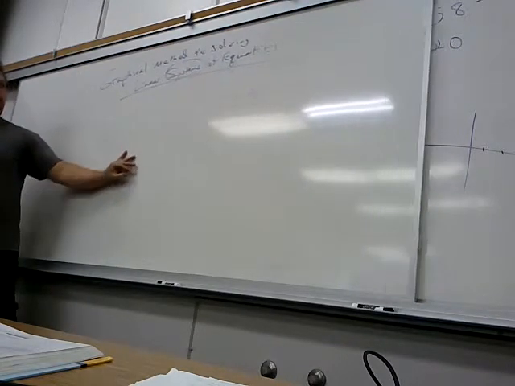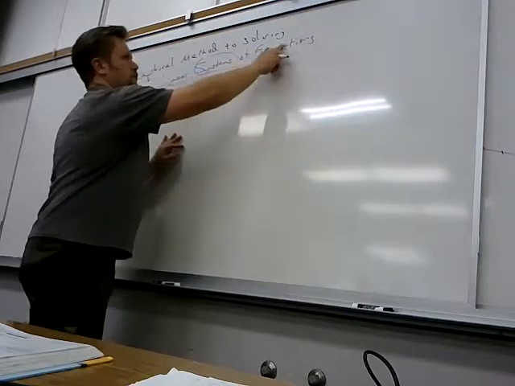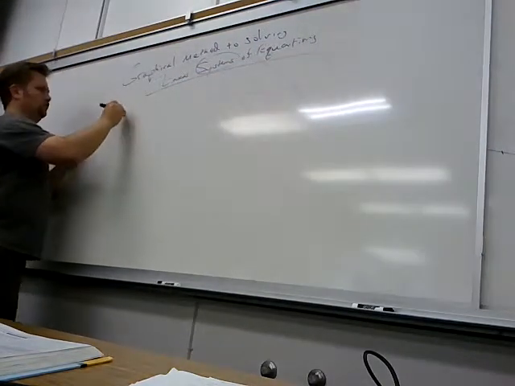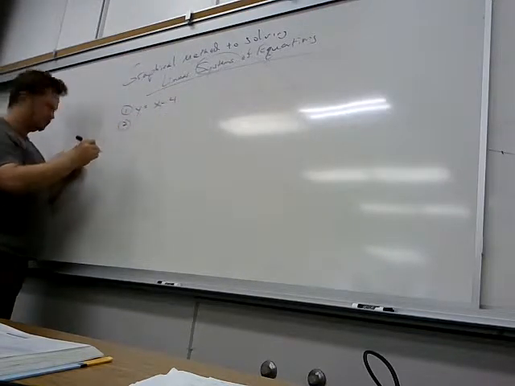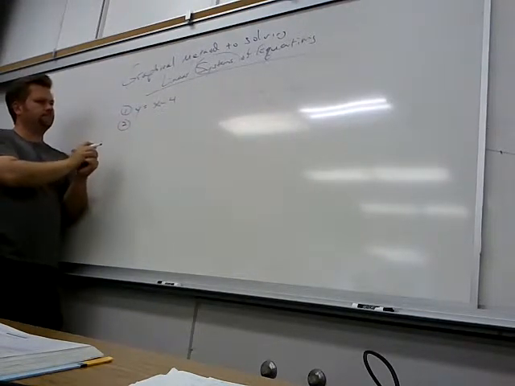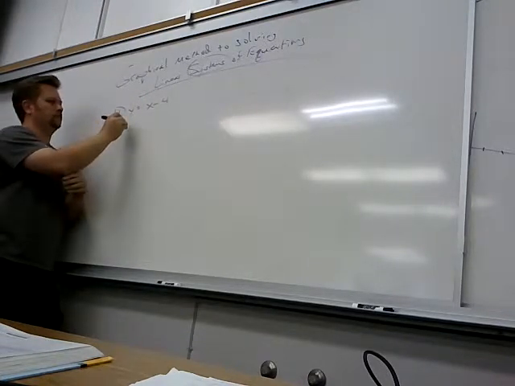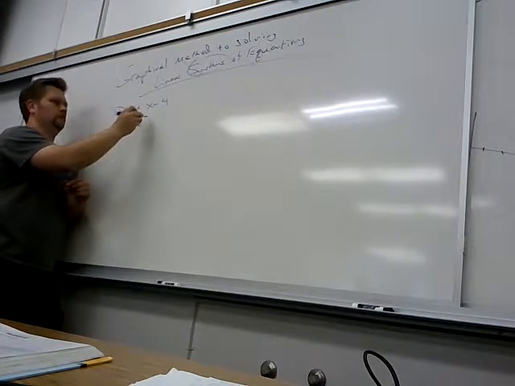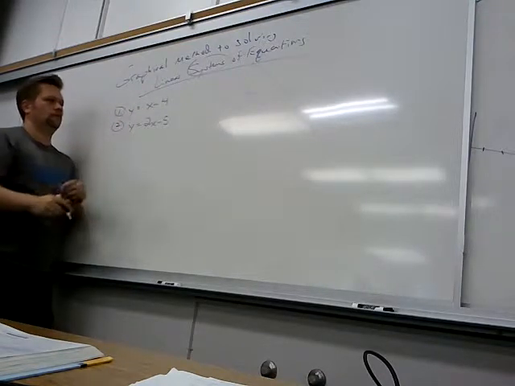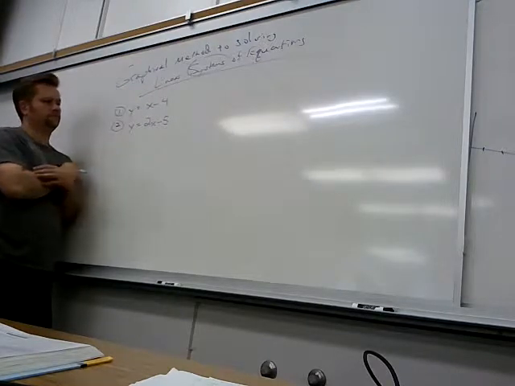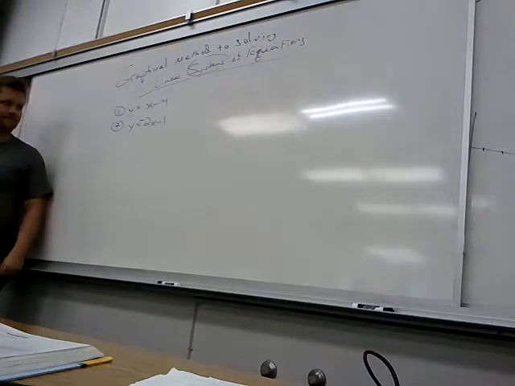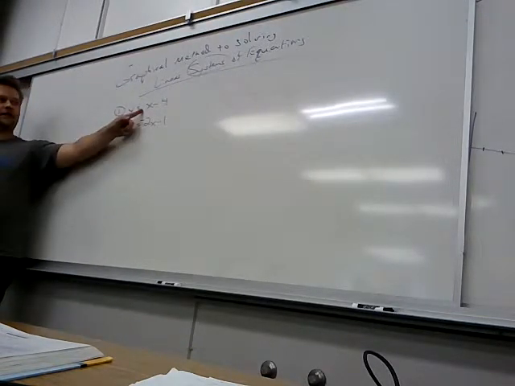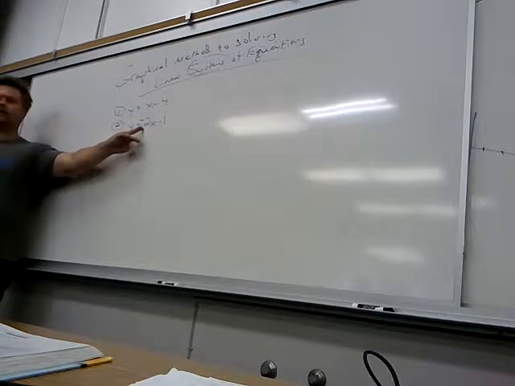So, let me change it. Make it y equals x minus 4 as one equation, and y equals negative 2x minus 1 as the second.